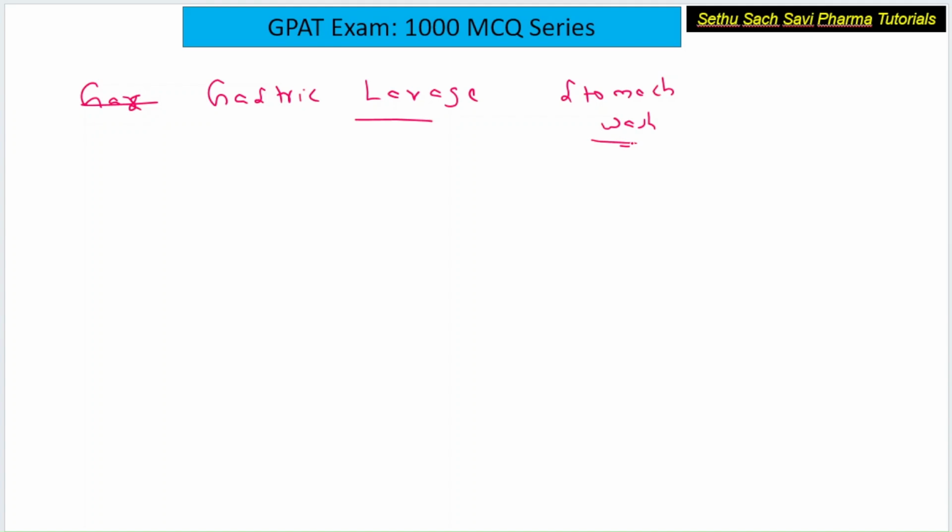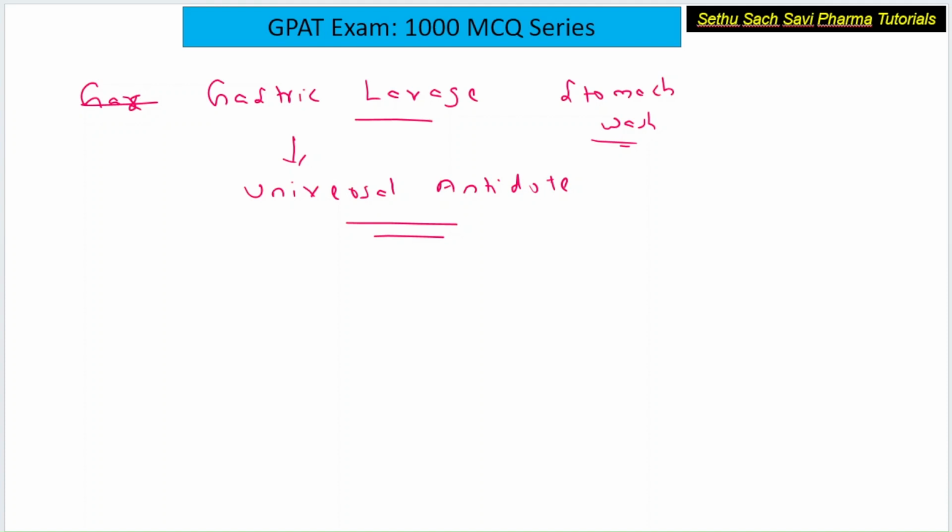So it is a treatment for poisoning. Universal antidote is sometimes used in this gastric lavage for treating poisoning.